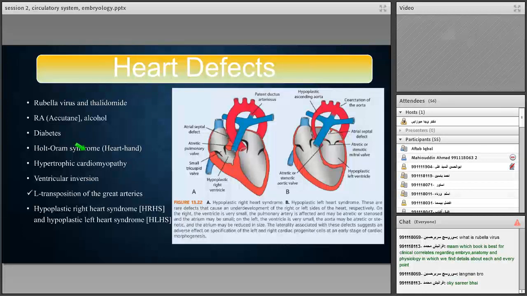It has some upper limb abnormalities and also some heart defects, for example, ASD or atrial septal defects.